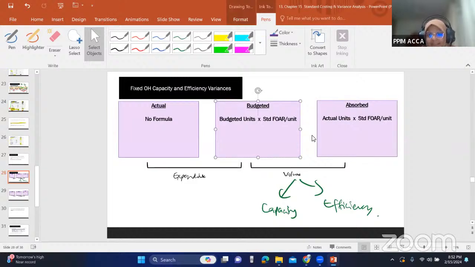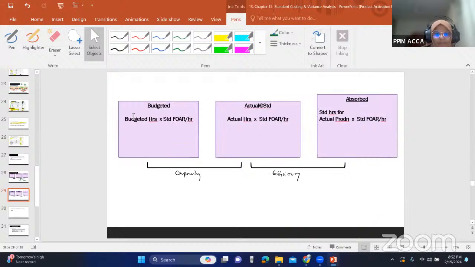It's just that in the middle we get another box saying actual at standard to split it. So here budgeted hours into standard FOAR per hour. Here it will be standard hours for actual production into standard FOAR per hour. Then you will have the actual hours into the standard FOAR per hour. So these are the equations that you need to know when it comes to capacity and efficiency.